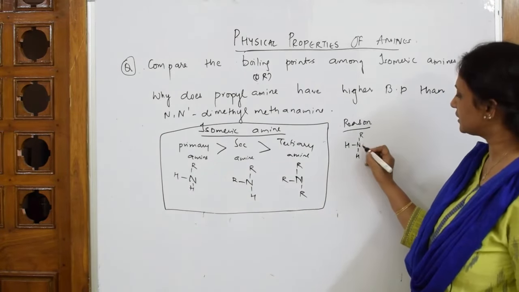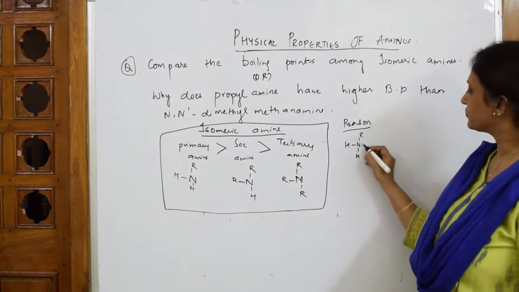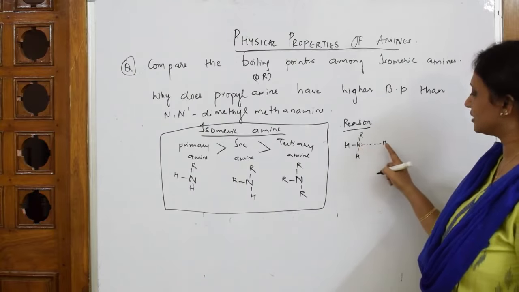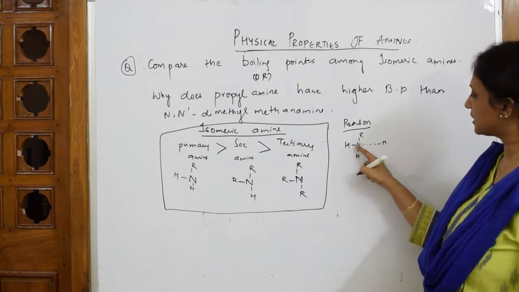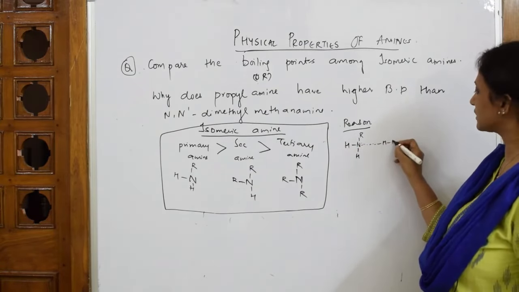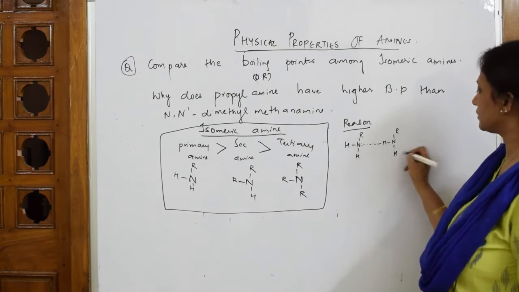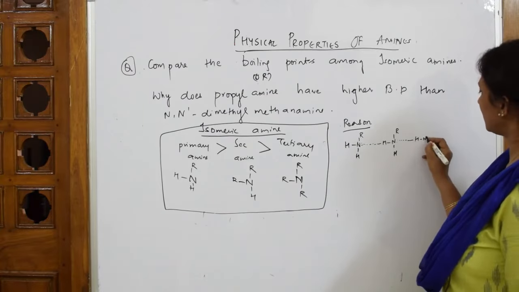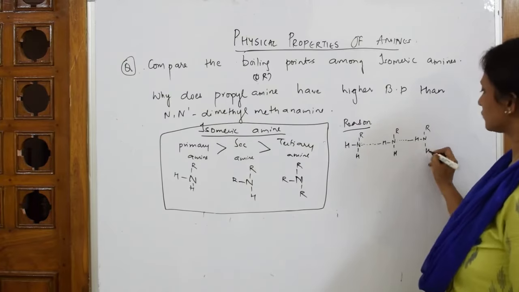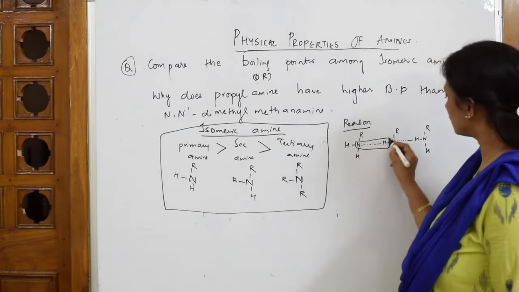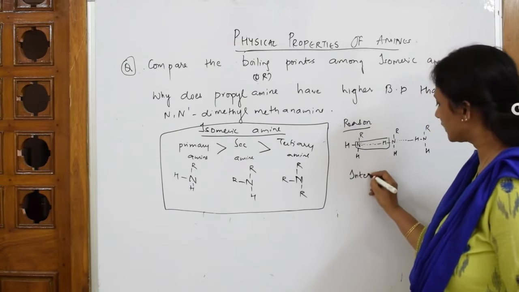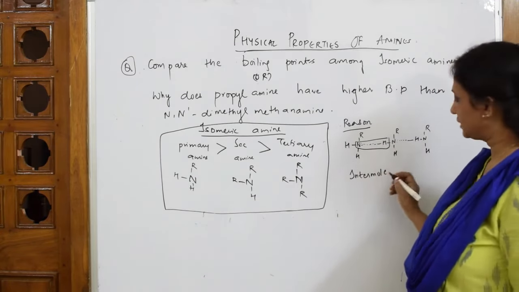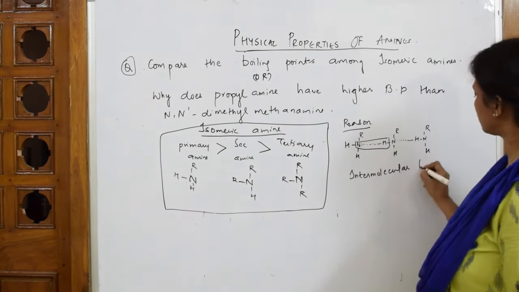This is nitrogen, this is the lone pair of electrons, which is going to form a hydrogen bond with H. Now this is N, link it with H. Left over is nitrogen, R and H. Again, here nitrogen is linked with one more hydrogen, N, R, H. This type of bond is called intermolecular hydrogen bonding. Inter means between two.